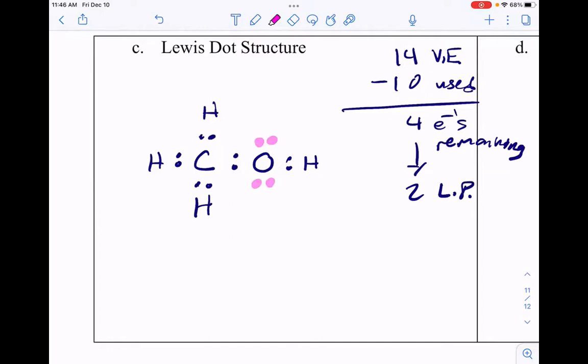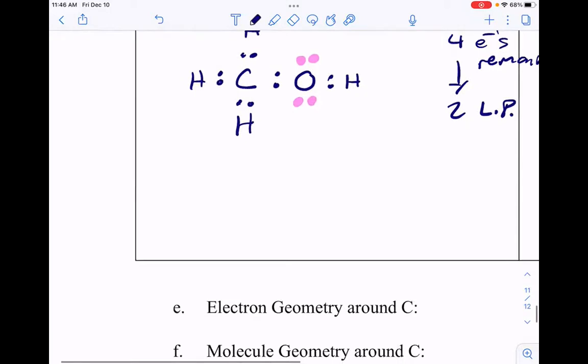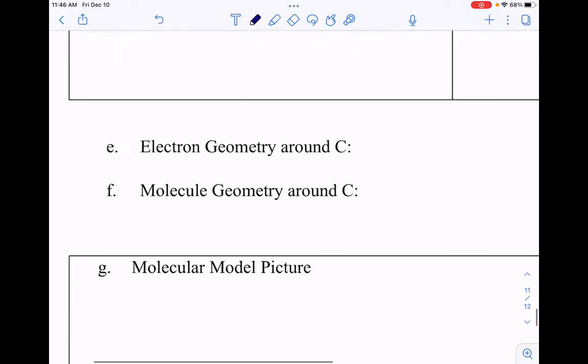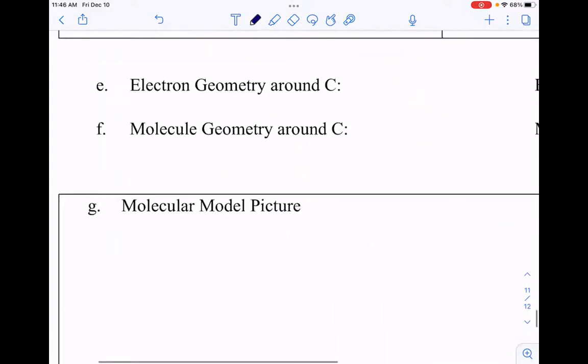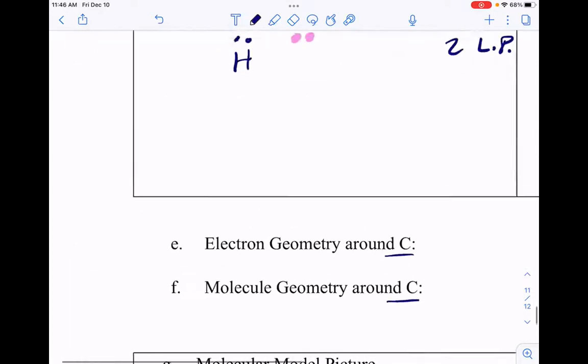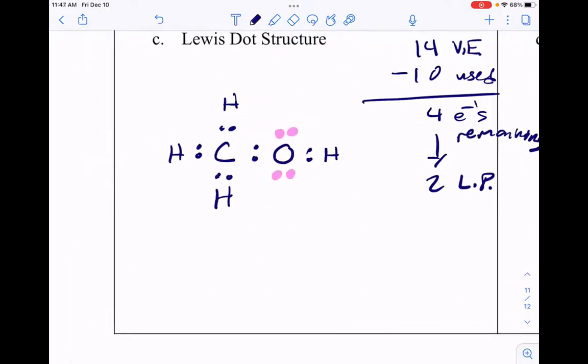Now, whenever you have multiple central atoms, the electron geometry and the molecular geometry have to be defined for both. I know it says electron around C, but we're actually going to do both. When we look at carbon, we have 1, 2, 3, 4 groups of electrons surrounding it directly. So the electron geometry for carbon is what?